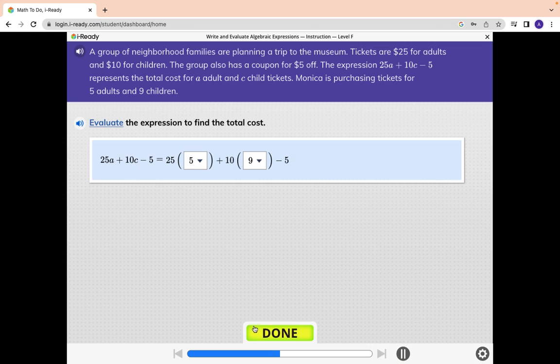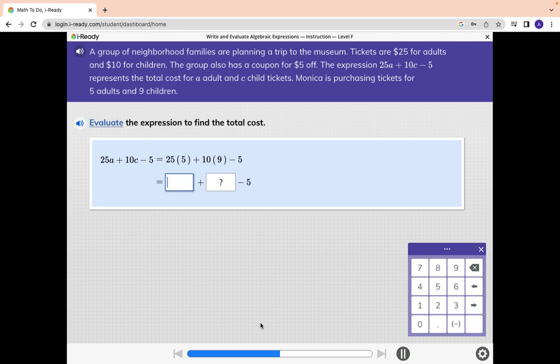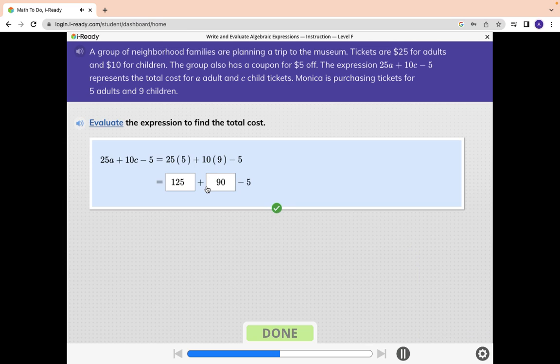So 25 times 5 and 10 times 9, then minus 5 because of the coupon. So 25 times 5 is 125. 10 times 9 is 90. And then we need a minus 5. Then that's how much it's going to cost.